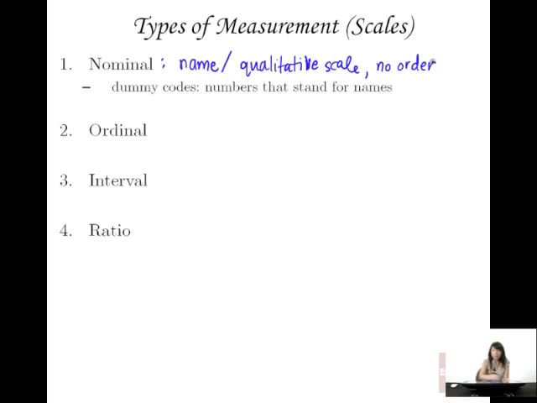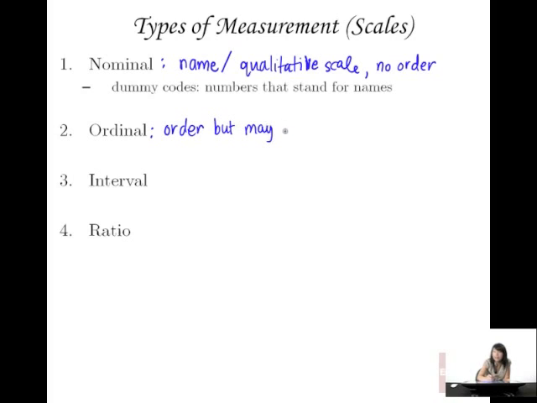Okay. So the second level you could think of measurement has a little bit more information. So it's no longer just a stand-in. Here we now have an order. So the numbers actually tell you about order, but they may have uneven intervals.